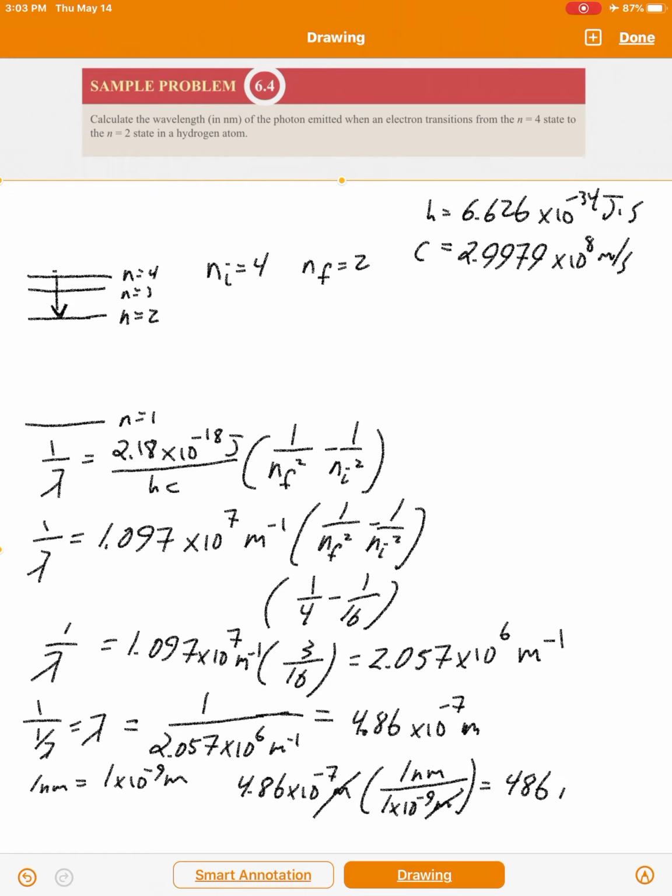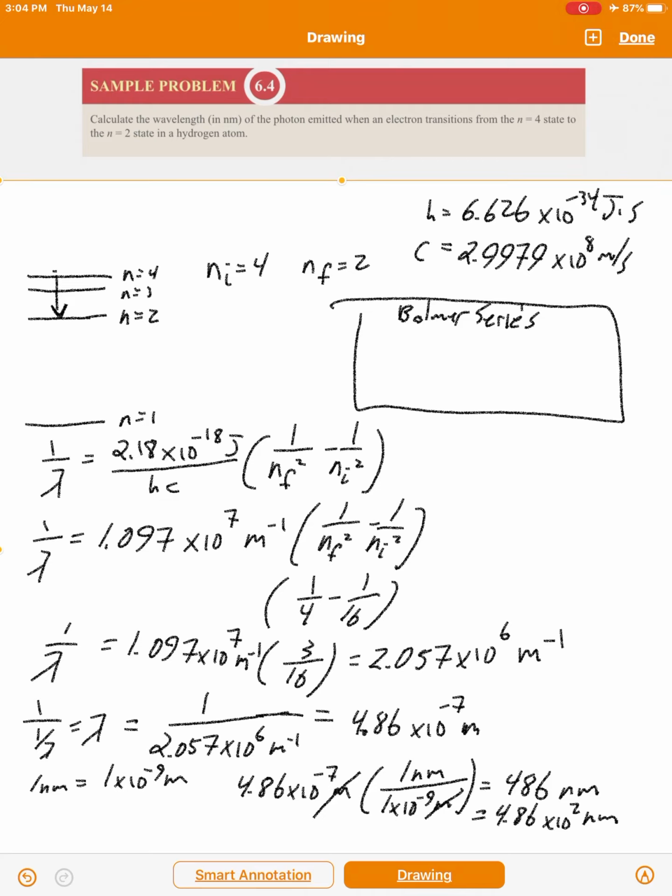And if you go back to the original chart of the hydrogen spectrum, we call this the Balmer series. And the Balmer series is the one that has visible light, the visible range. And so what happens is, if it's n equals 3 goes to n equals 2, that's 656 nanometers.